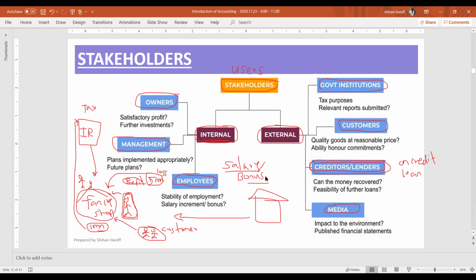If the business is making continuous losses, the supplier will not supply goods because he can't collect his money. The bank will never give a loan because they can't recover the loan from the business. So that's their economic decision. All the stakeholders make their economic decision based on the financial information provided by the business.